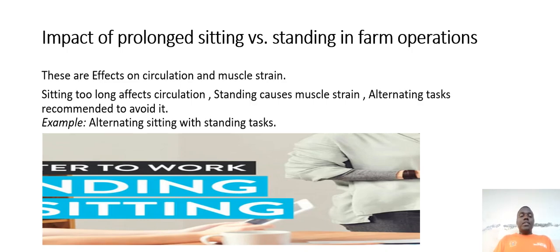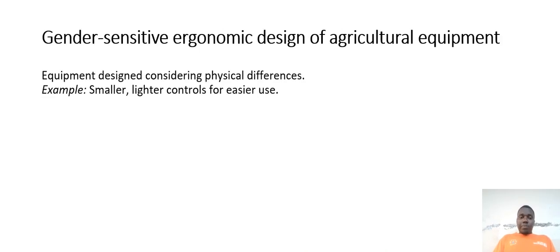That is the picture that shows alternating work, standing, sitting, and so on. Let me continue with gender-sensitive ergonomic design of agricultural equipment. Equipment is designed considering physical differences.